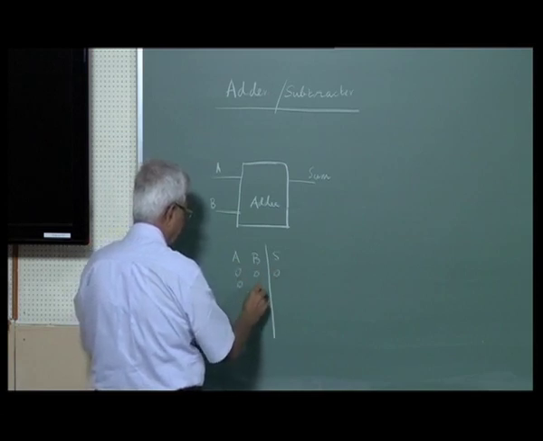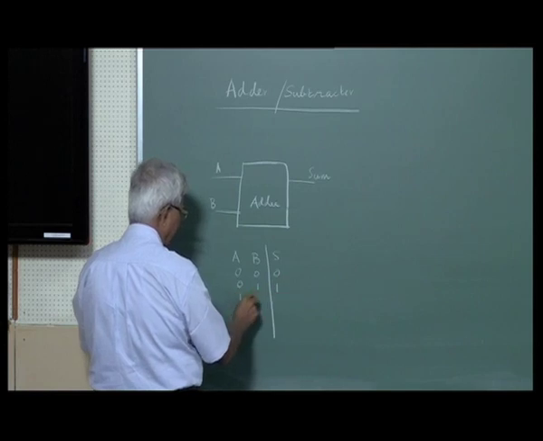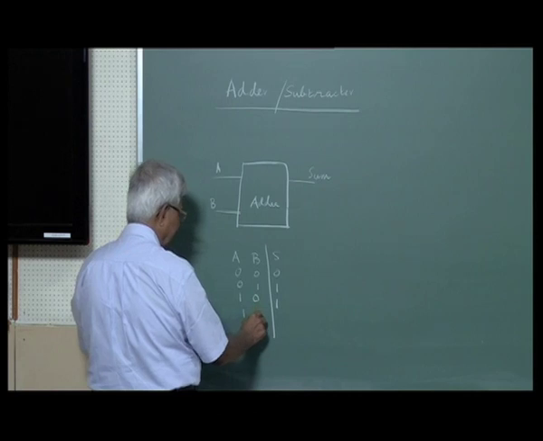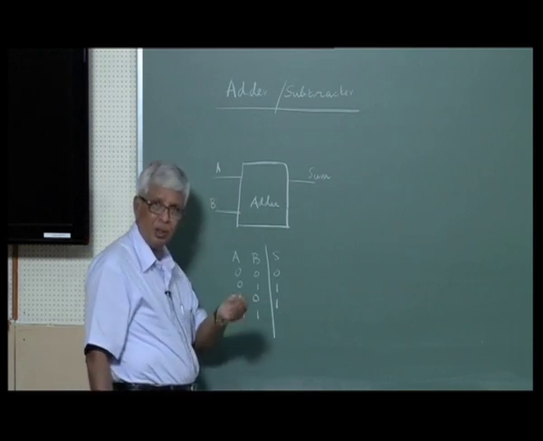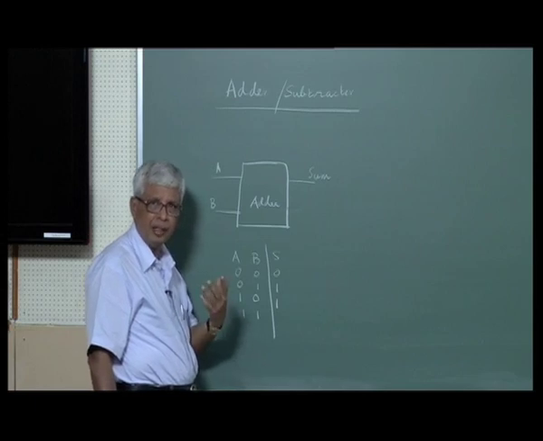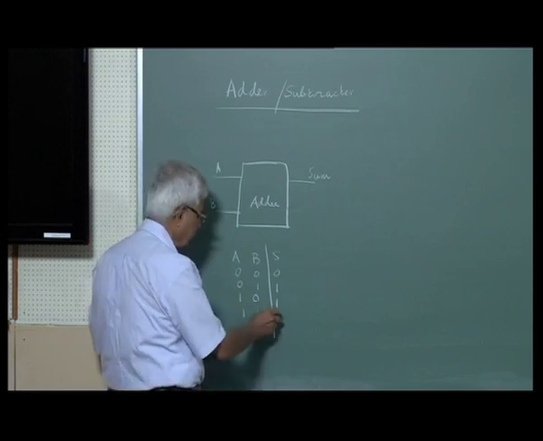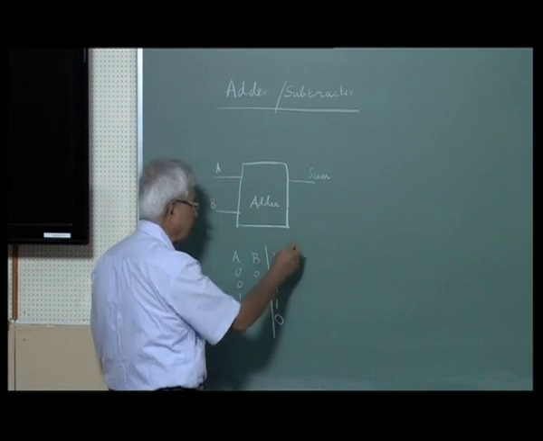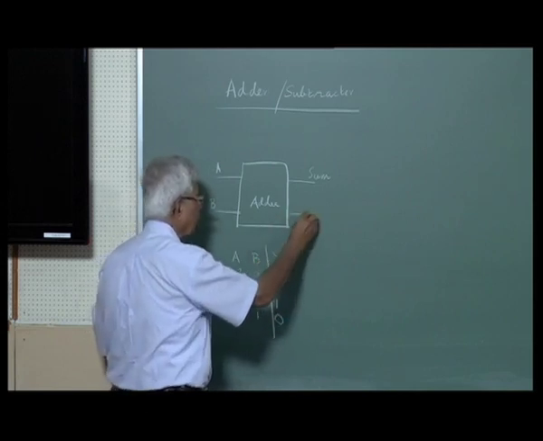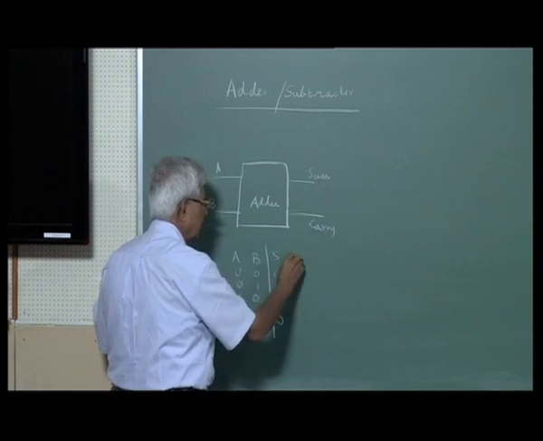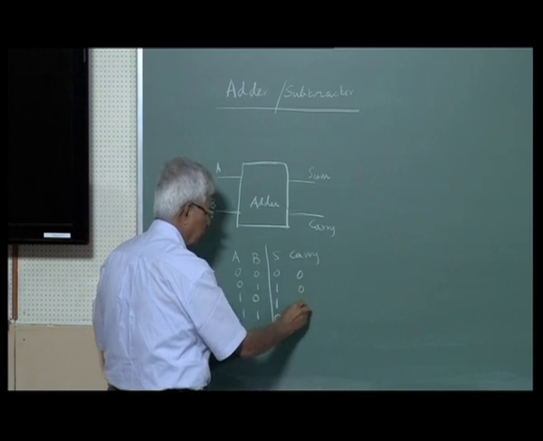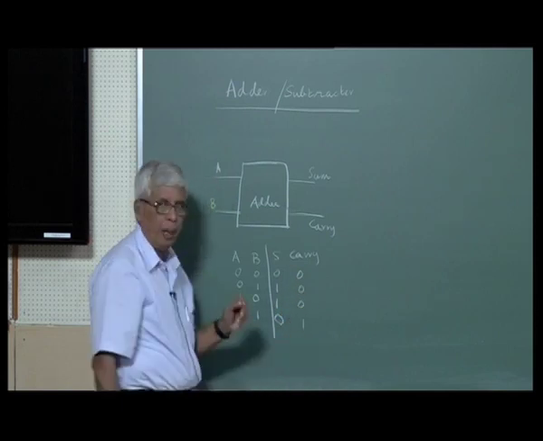With 0 and 1, the sum is 1. When both are 1, we are adding 1 to 1, it becomes 2. 2 is 1, 0 in binary. So I can only put a 0 here and this 1 has to be accommodated. So I have one more output called carry. We do that in paper and pencil addition also.